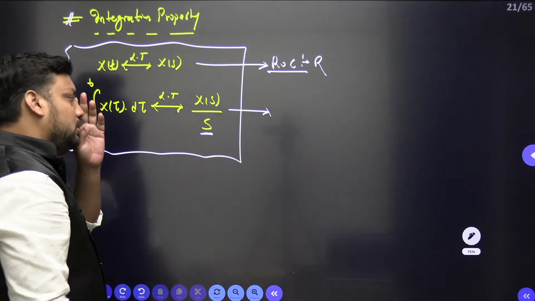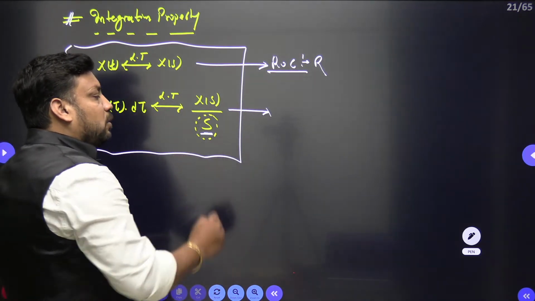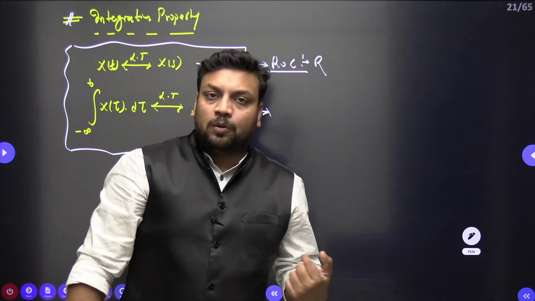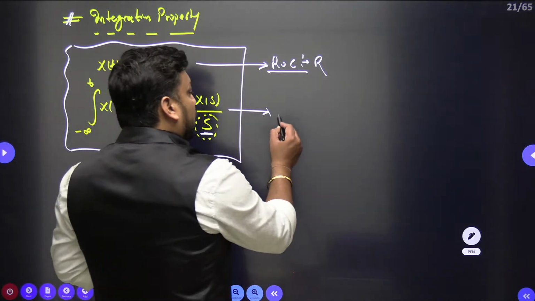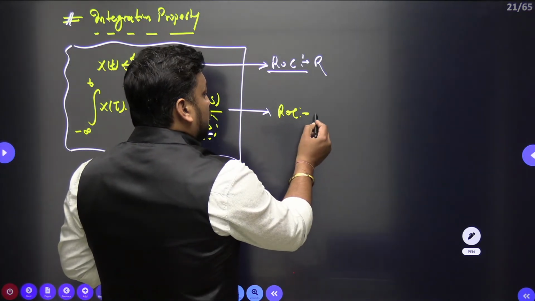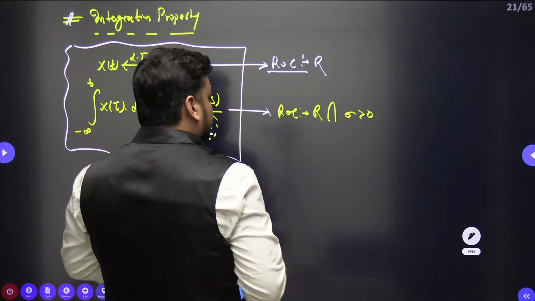So this is my ROC. Now students, because this property provides one pole at the origin, don't you think this time the new ROC will be ROC R intersection with sigma greater than 0?